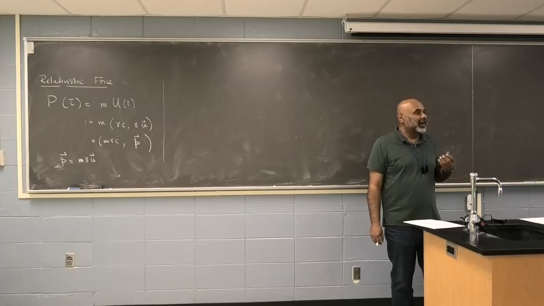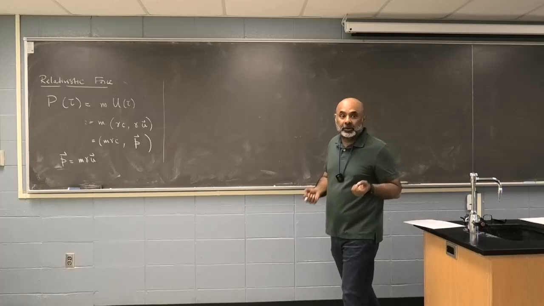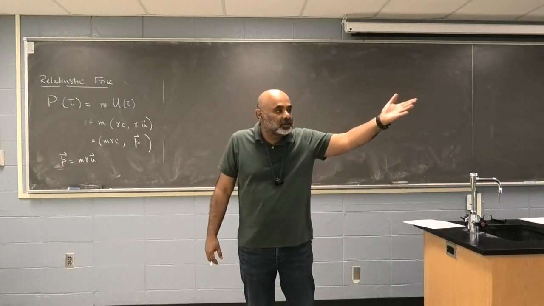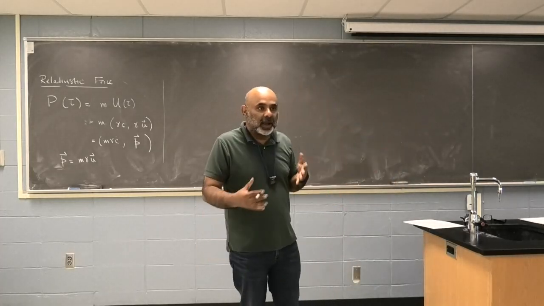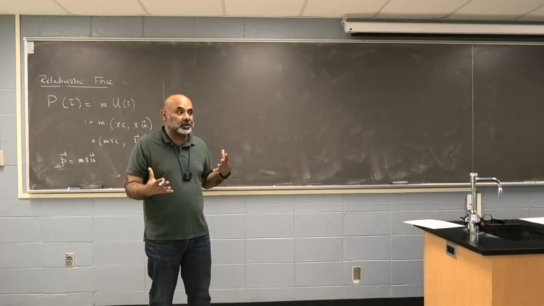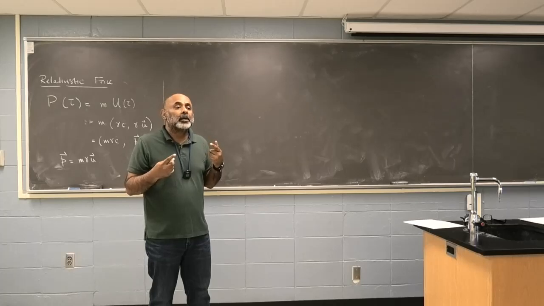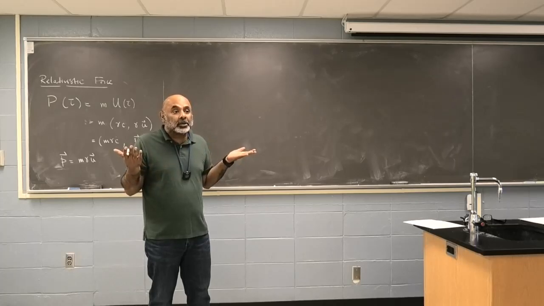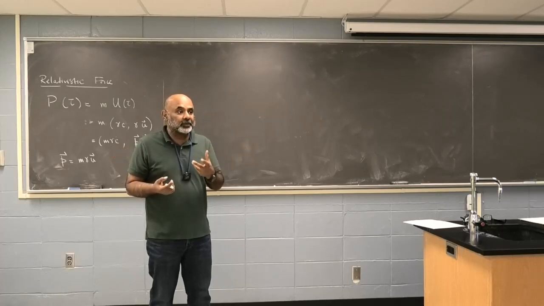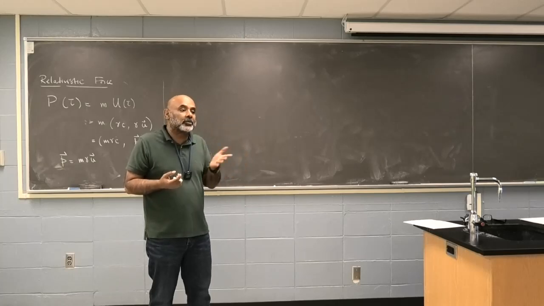The question is, when net force is zero, and net force typically is zero because for every action there's an equal and opposite reaction. So when you add up all the forces on all the objects that are interacting, the net force is zero. How is momentum defined, by the way? It's the integral of force. Force is the rate of change of momentum. So if net force is zero, the net rate of change of momentum is zero.